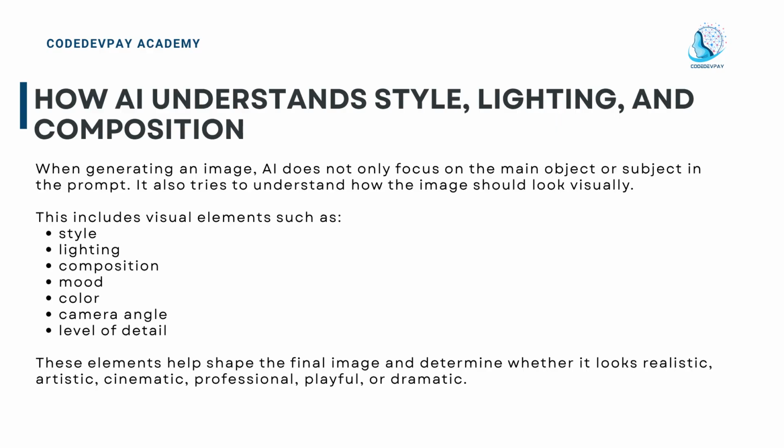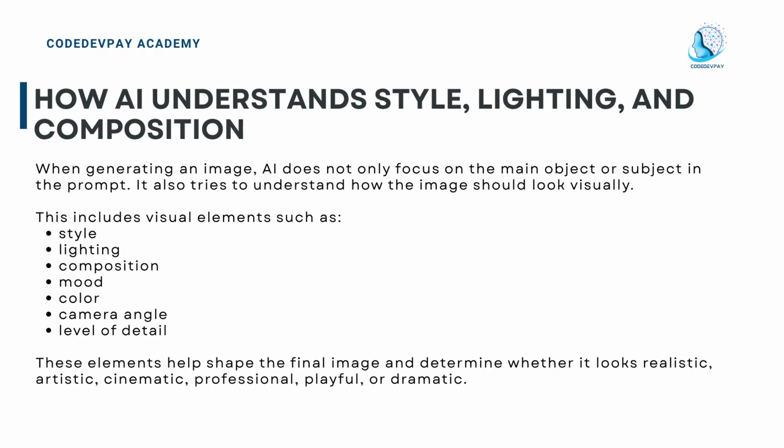So let's look at style. How does AI understand style? First we need to understand what style is. Style refers to the artistic appearance or visual format of an image. Style answers the question: what kind of image should this look like?